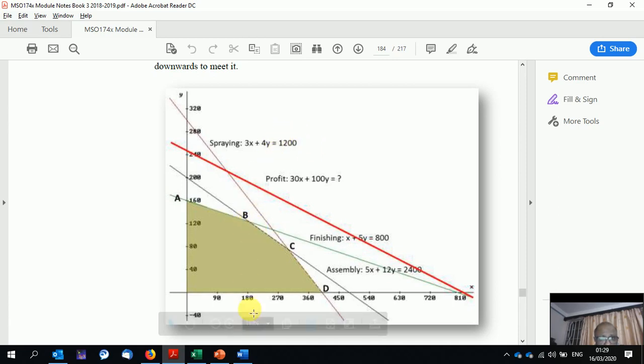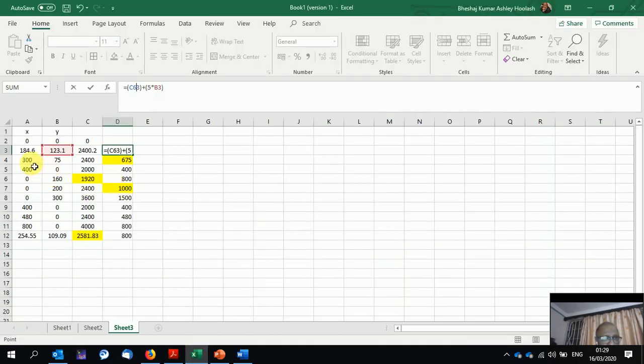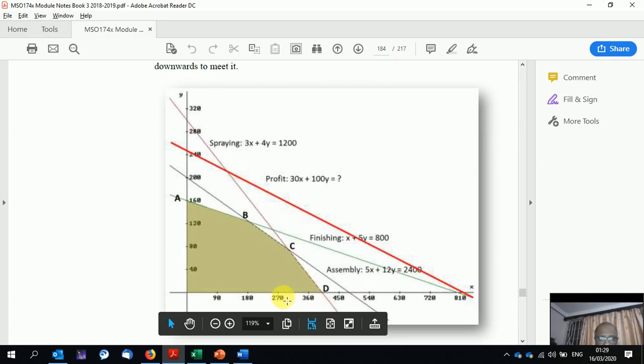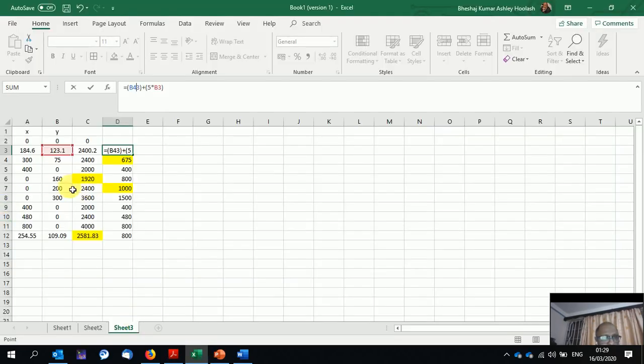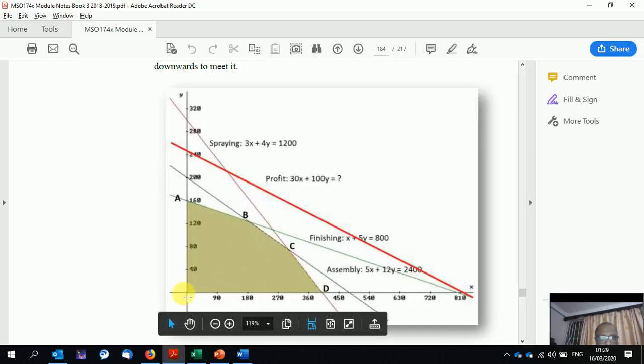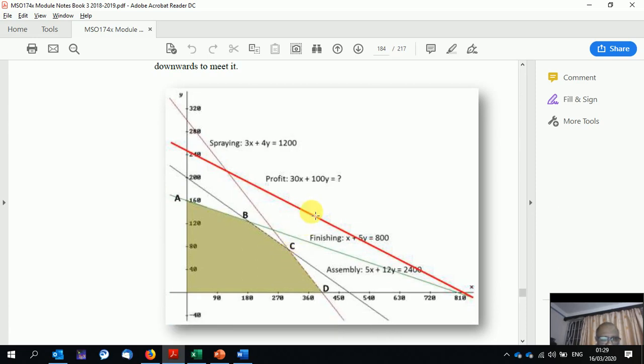So you will see that, let me check, at 300 comma 35, which is here, and at 0 comma 100, which is there. So at this point and this point would be the place where the red line will start touching instead of touching B.